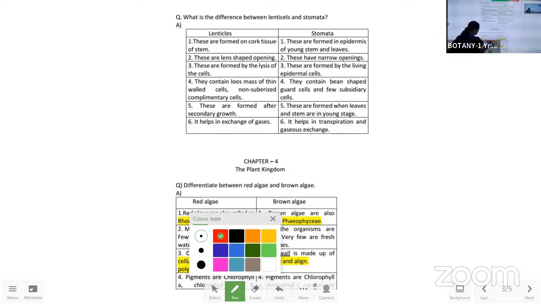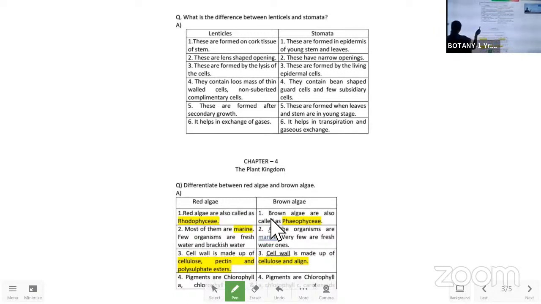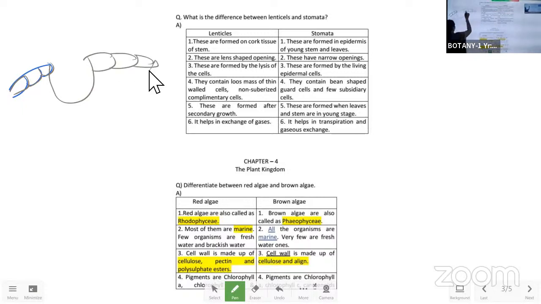They will be formed by the disintegration of the few cells over there. That means some cells will die over here so that a small opening can be seen, and this opening is called as the lenticel.